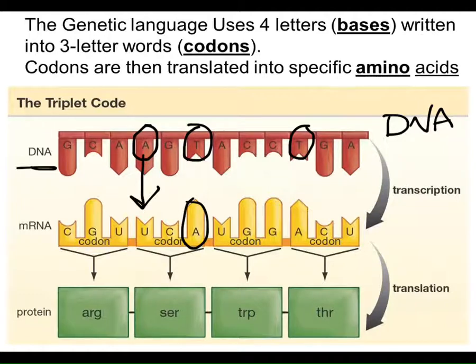Remember, RNA does not have T's, it instead has U's. So when you see U's in a sequence, you know that it is an mRNA, or at least an RNA molecule. And then we're going to see how the cell takes this messenger RNA and from it translates it into protein.